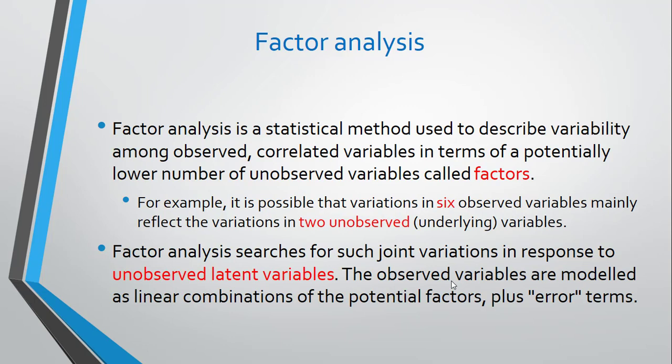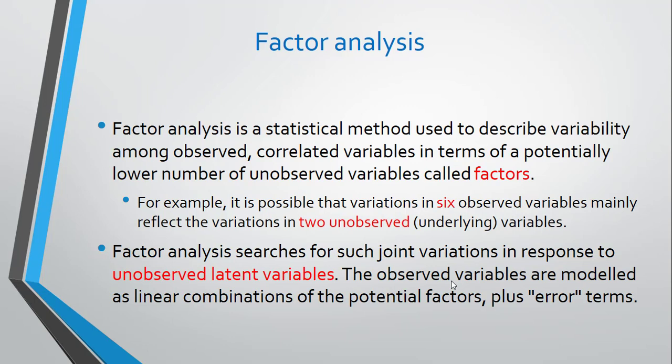Okay. Next, one tool that's used is called factor analysis. Factor analysis is a statistical method used to describe variability among observed correlated variables in terms of a potentially lower number of unobserved variables called factors. For example, it is possible that variations in 6 observed variables mainly reflect the variation in 2 unobserved or underlying variables.